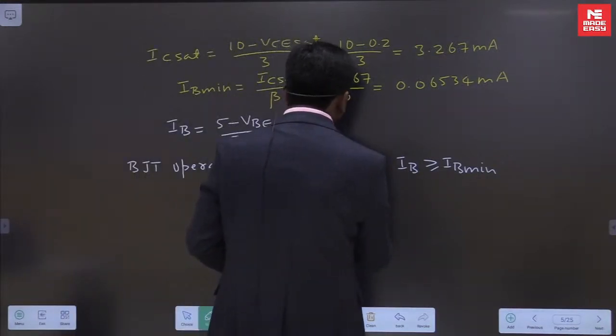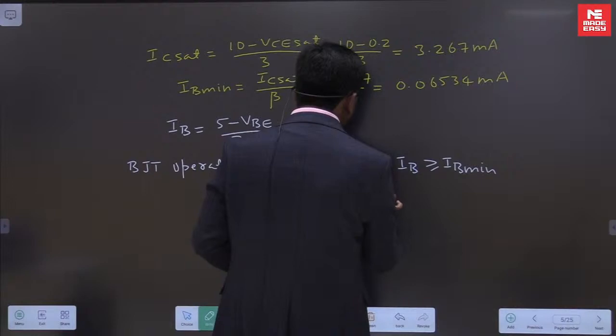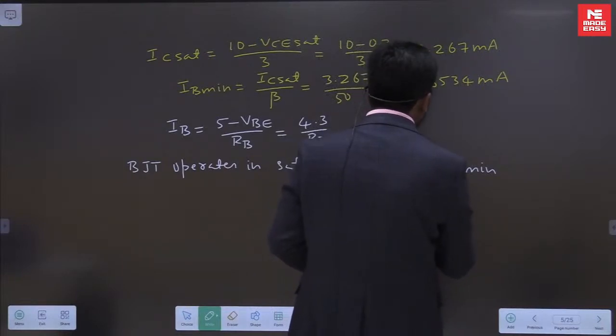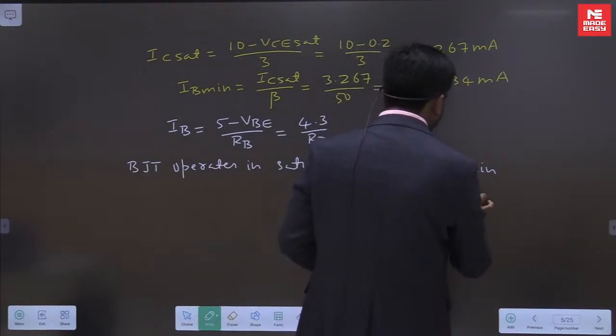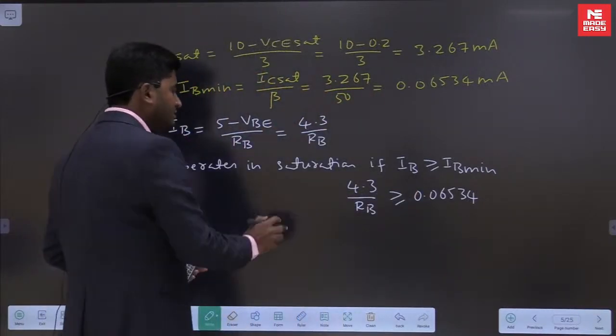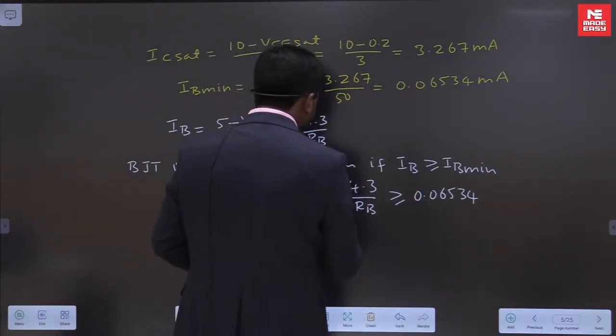Now you substitute IB as 4.3 divided by RB, more than or equal to 0.06534. We are taking current in milliampere here, so the resistor we get will be in kilo ohms.